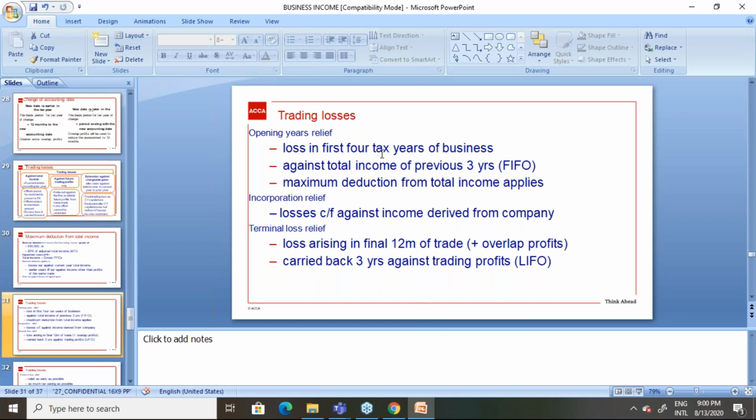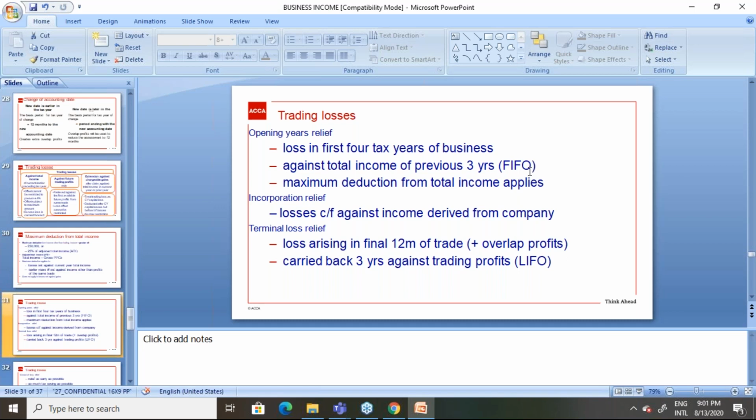Now, opening year loss relief. The only difference is if it is a newly started business, there is a special relief available. That is, if the newly started business has incurred a loss during the first 4 tax years of the business, that loss can be carried back for a period of 3 years to set off against total income according to first in, first out basis.